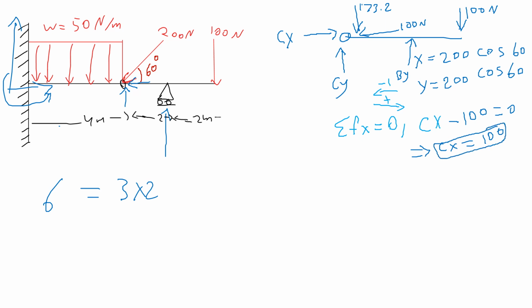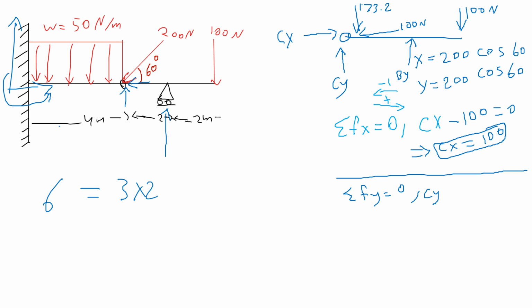So this unknown we already found. We're going to go to the sigma Fy equal 0. And how many reactions do I have on the x and the y axis? I have 1, 2, 3, 4. So I have the By, the Cy.